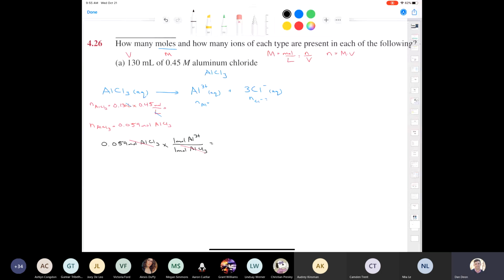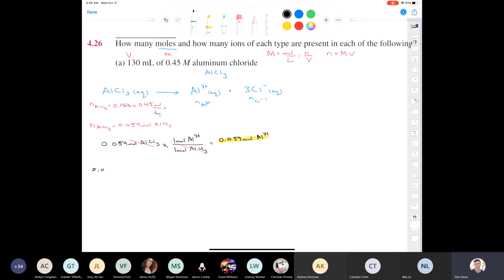And the number of moles of aluminum is going to be 0.059 moles of Al3+. All right, so I've got that part. So now I know the number of moles of my aluminum. So first part complete.